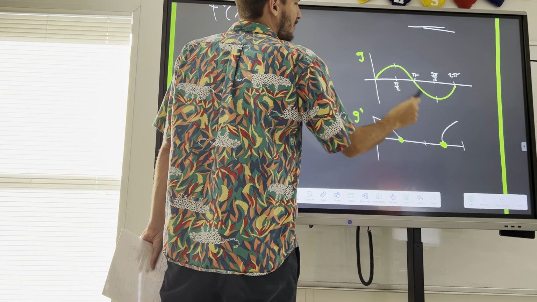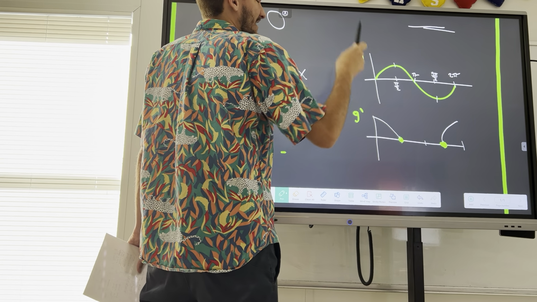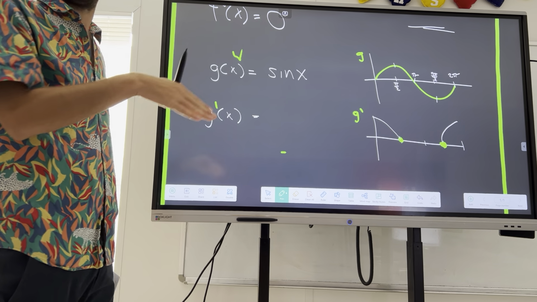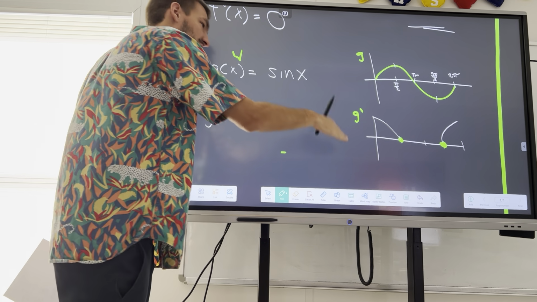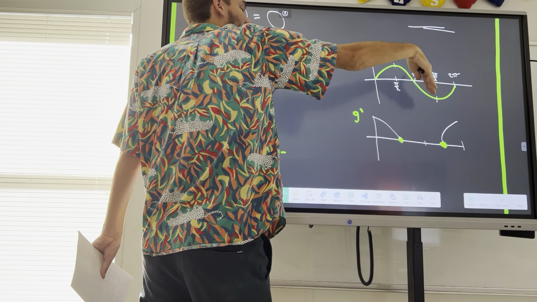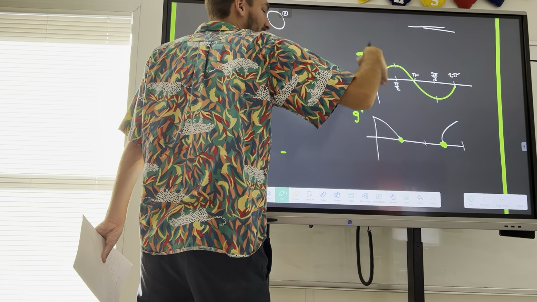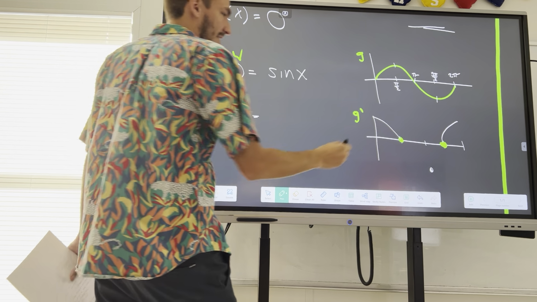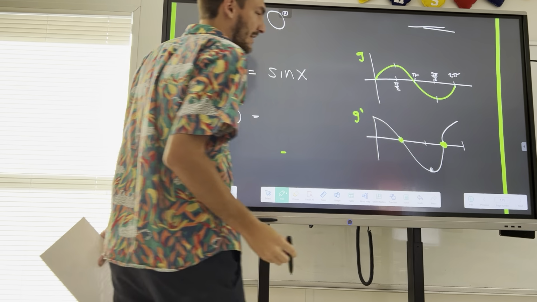Where between these 2 points is it steepest going downhill? At pi. So that means on G prime, the steepest downhill is the most negative slope, which means our slope should be deepest down here at pi. And there we go.